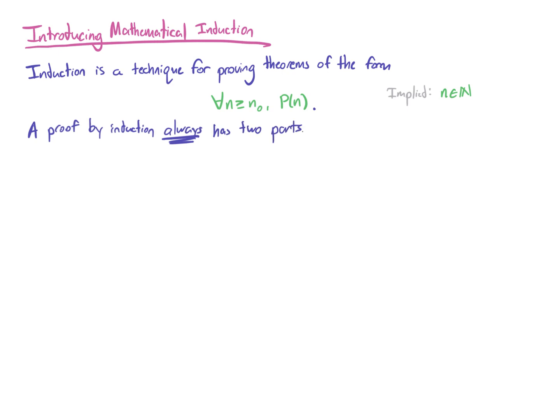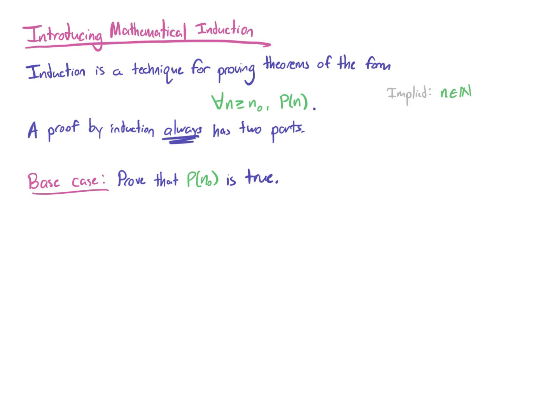So what are these parts? The first part is called the base case. And what we do in the base case is we prove that P of n naught is true.